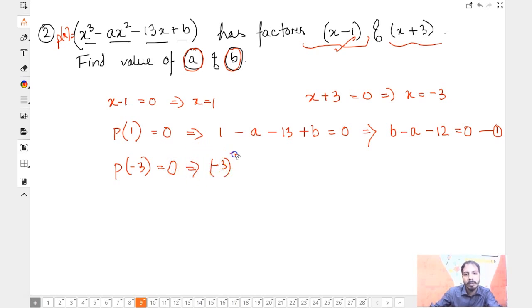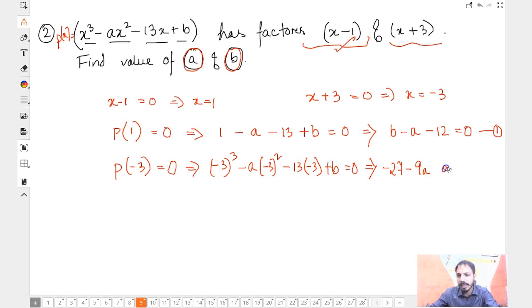So minus 3 whole cube minus a into minus 3 whole square minus 13 into minus 3 plus b is equal to 0. So now what will I get here? 3 times 9 is 27, so minus 27 here. And here, 3 squared is 9, so minus 9a. And here minus 13 into minus 3 is plus 39. And here plus b is equal to 0.